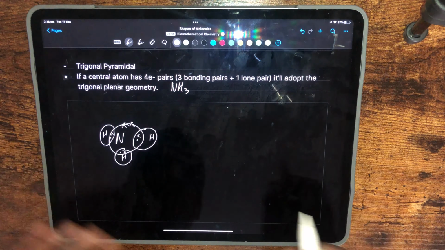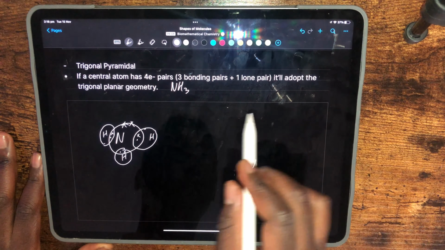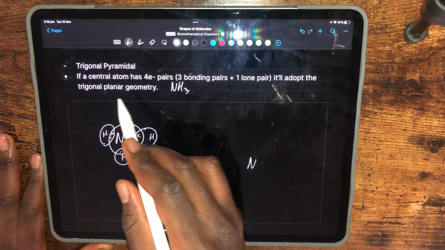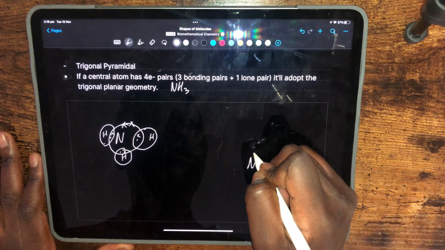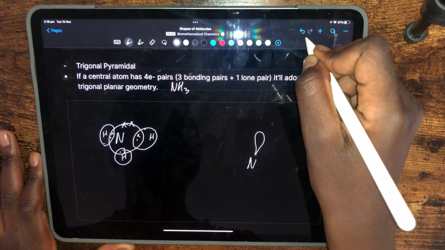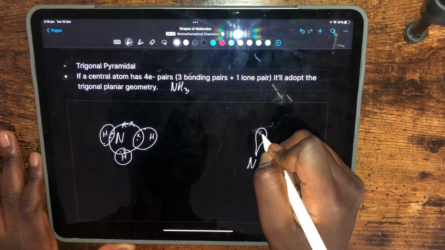How to represent this? We have our nitrogen here. You'd think if it just had 3 bonding pairs, it'd be trigonal planar, right? But it's not. We have an electron pair. So I represent the bonding pair here. That's terrible, I used to be excellent at drawing these.